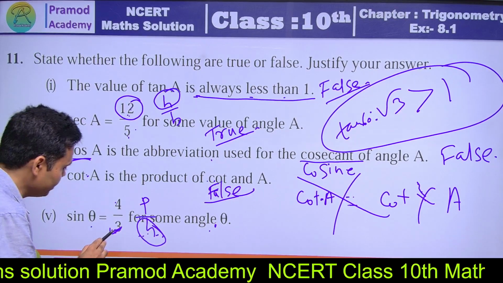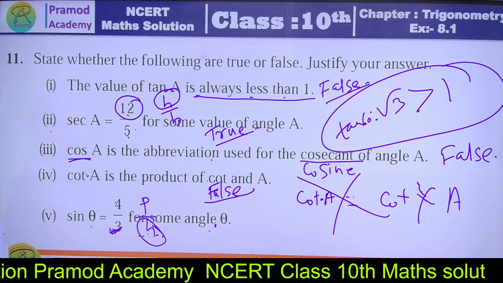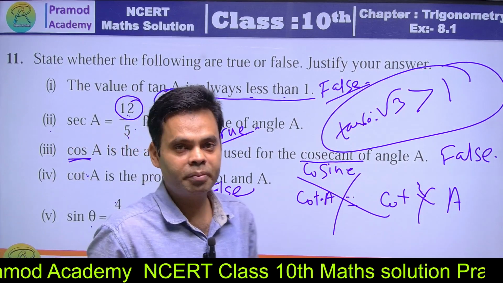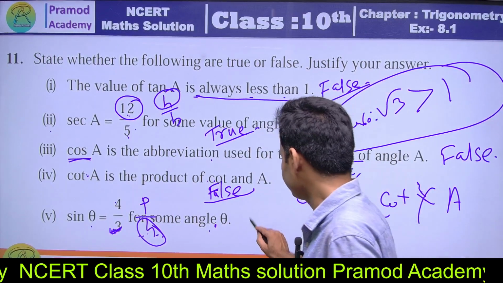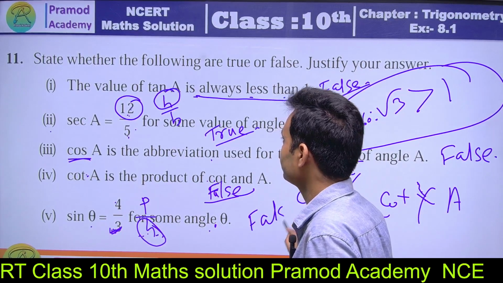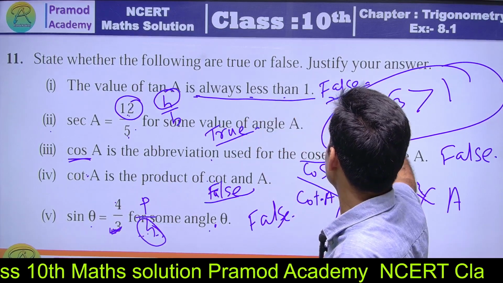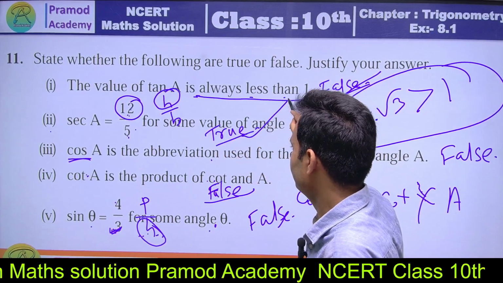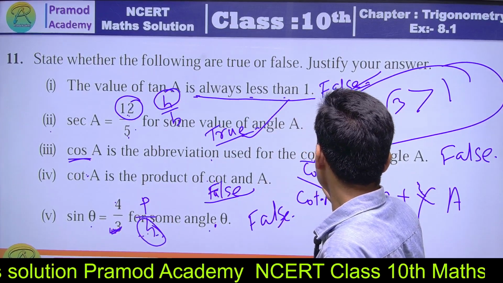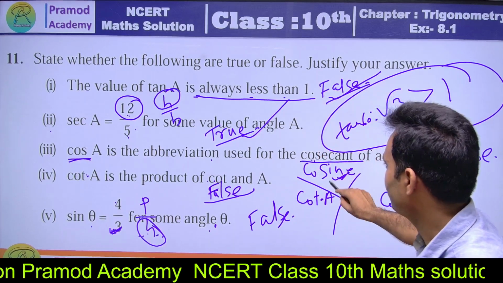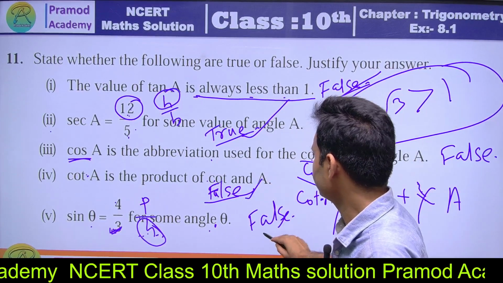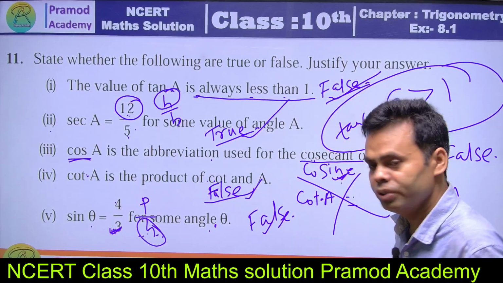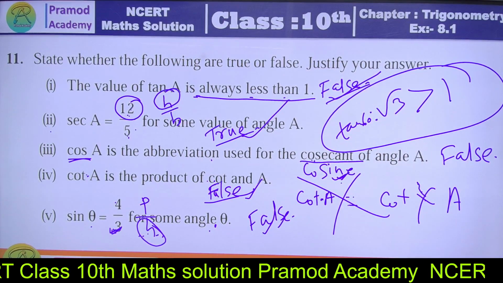In sin theta, the denominator value is always greater than the numerator value. So it is false. So the first is false, the second is true, the third is false because the full form of cos is cosine, and the fourth is also false. Only the second is true in these 11th number questions.